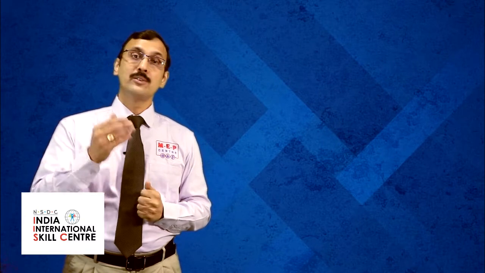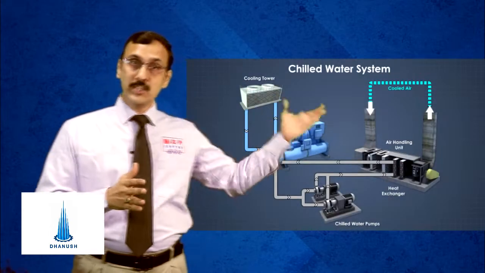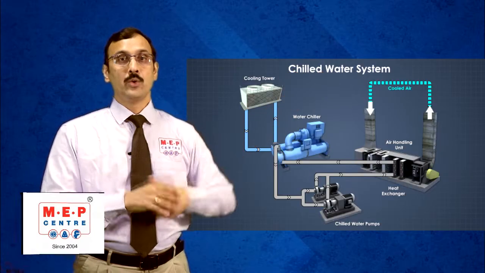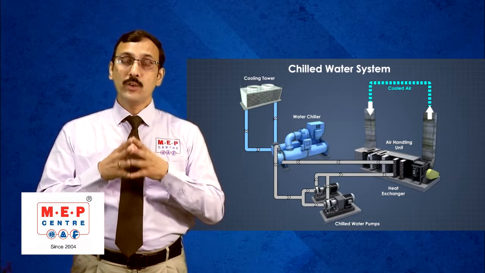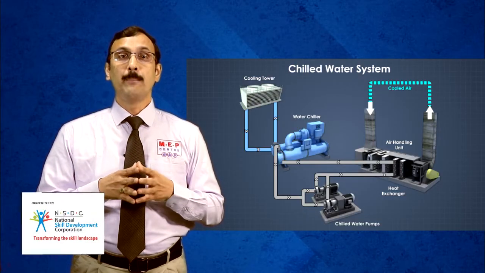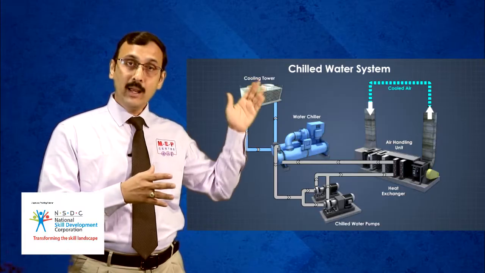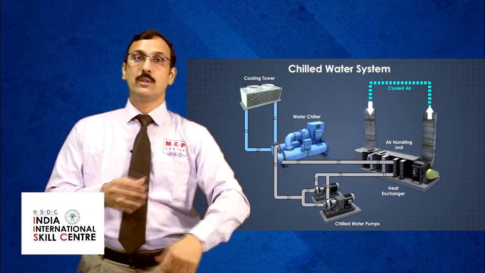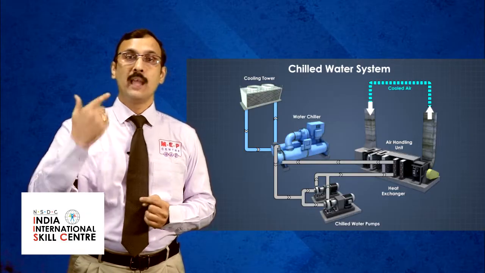As we have known about air distribution system, we also need to learn about the chilled water network, which comes between a chiller and the air handling unit. So we need to understand what should be the size of the pipe through which water is being supplied and water is going to be taken back to the chiller. We do a pipe size calculation.